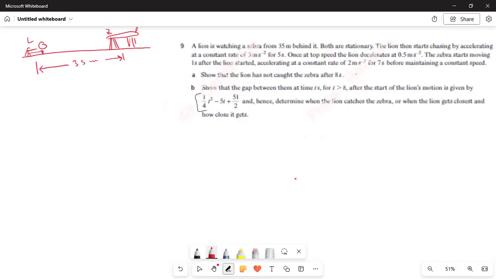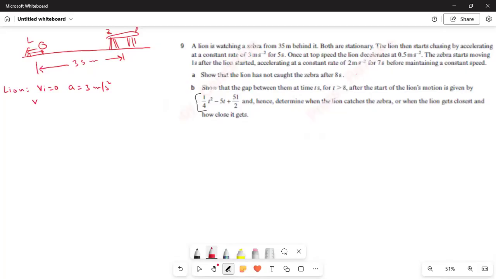Okay, so for the lion, initial speed is 0. Its acceleration was, I believe, 3 meters per second squared. Yes, 3 meters per second squared. And it keeps running for 5 seconds with this. So how much will be its speed after time t? I want to find the speed of the lion as a function of time.